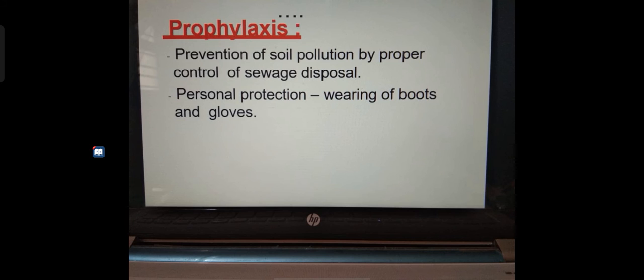We know that barefooted people are farmers, who walk in the fields and soil barefoot. If we give personal protection like boots and gloves, they will not come in direct touch with the soil. That's why we have to give personal protection to barefooted people.